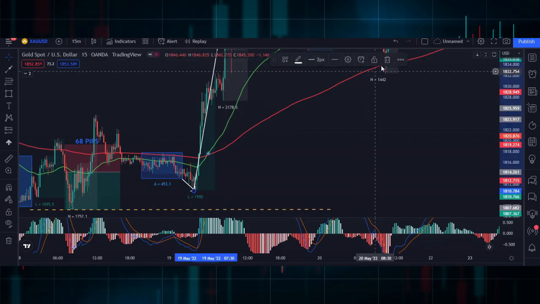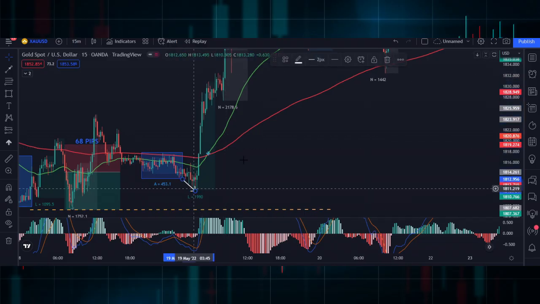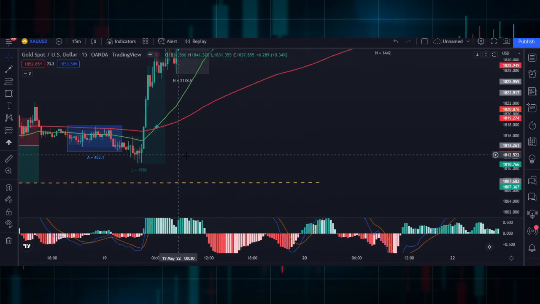And just like I mentioned in previous videos, once it comes close to the previous day's high or low, we take it as a reversal trade.